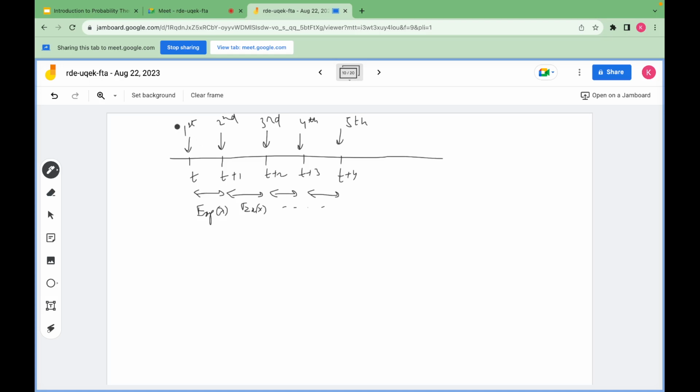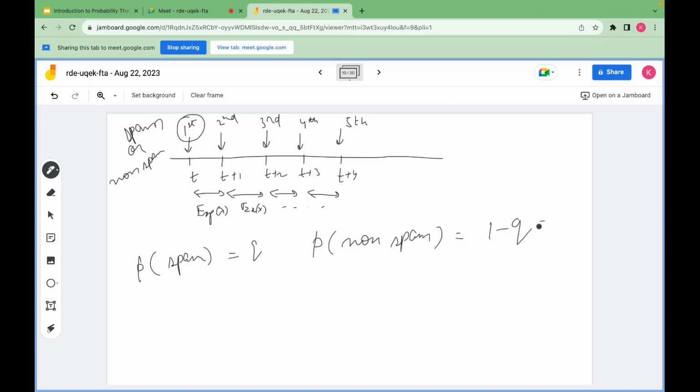Now it is said that each email is either spam or non-spam, and we know the probability that the email is spam is q, and the probability that it is non-spam is 1 minus q, which is equal to p.